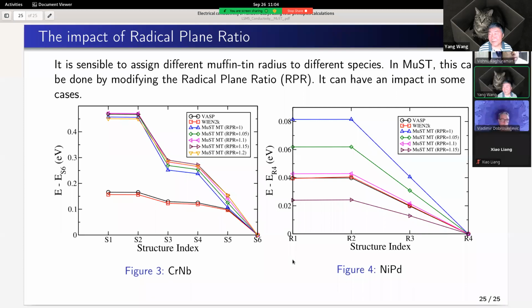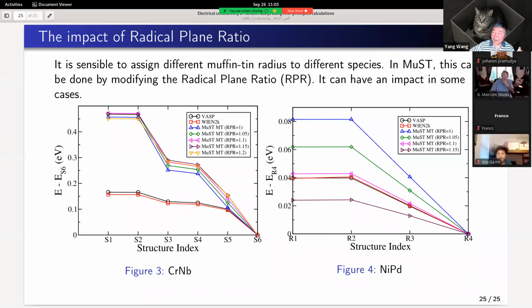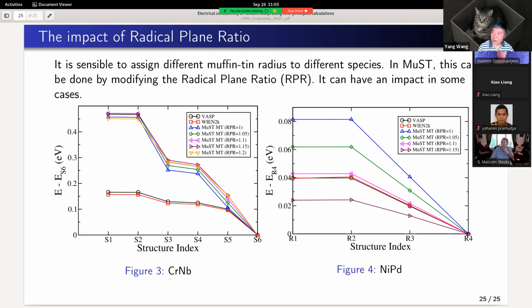Yeah, I guess it's reasonable to explain what a radical plane is for those who are not familiar with this. When you construct a Wigner-Seitz cell in the textbook problem, if you have the same atom in a crystal, you put a boundary plane between two atoms right in the middle. That's how we construct a Wigner-Seitz cell.